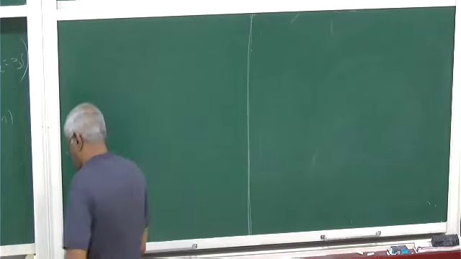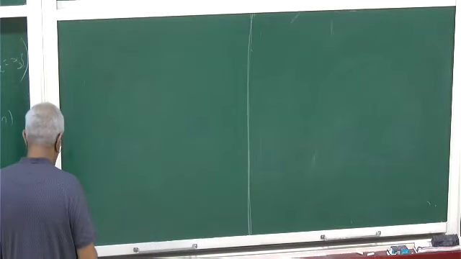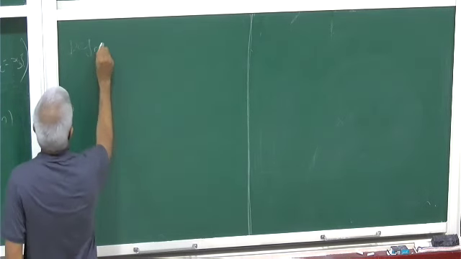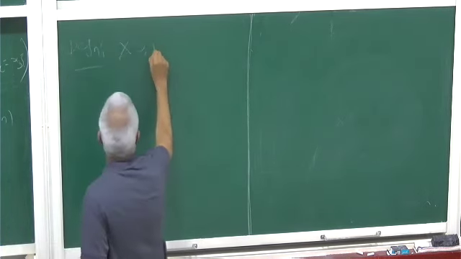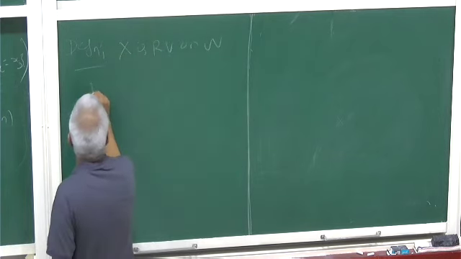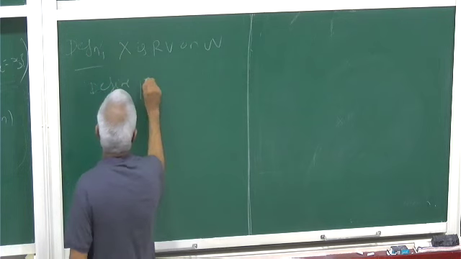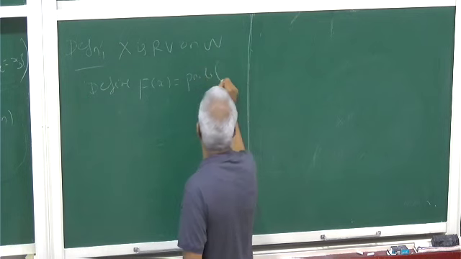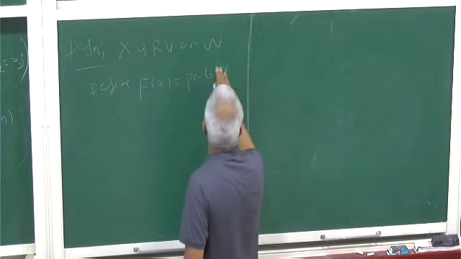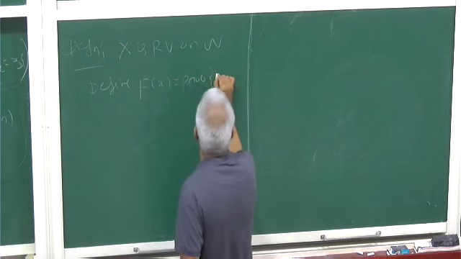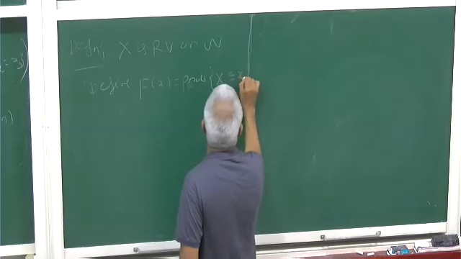So next we will discuss what is called a distribution. This is the definition. So x is a random variable on omega. Then you define F of x equal to the probability of this set, x less than or equal to x.